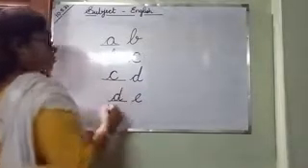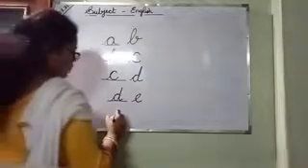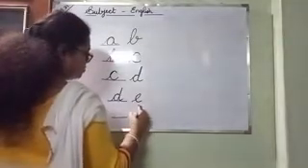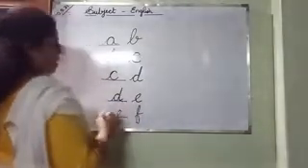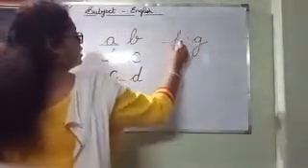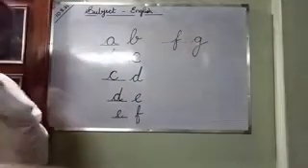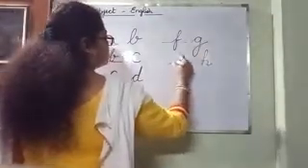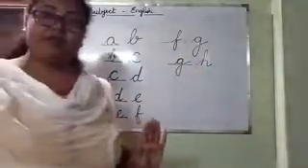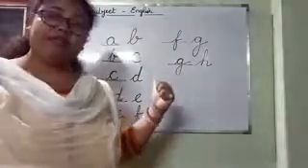D. Okay. Before F, what comes? E. Before G, what comes? It's F. Okay. Before H, what comes? It's G. These are before alphabets. If it is in cursive, you have to write in cursive.